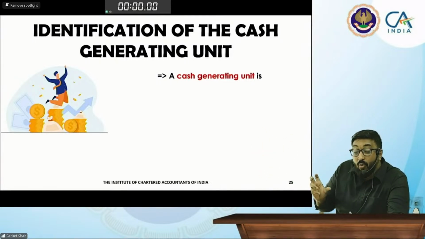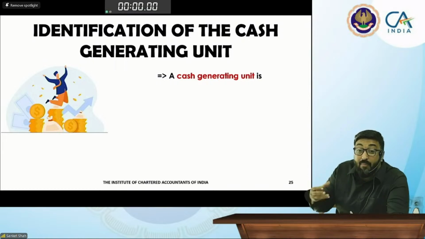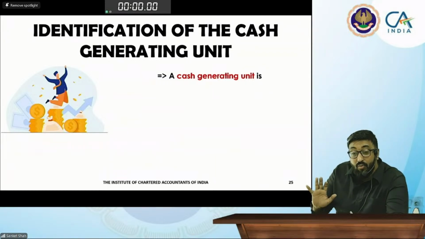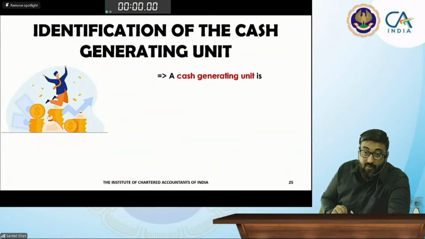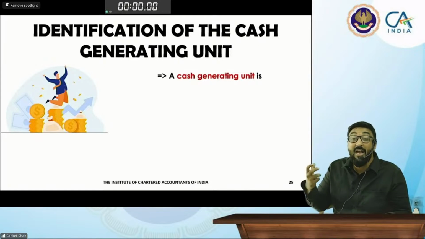So it's not only one asset which is giving you inflows. In the same example, I will apply it to the cash generating unit. It might happen that an asset is not giving you future economic benefit by itself, but in a group of assets, it is giving us future economic benefit and cash flows.